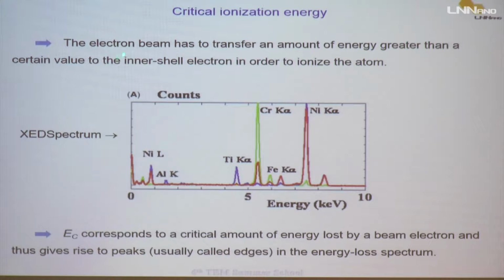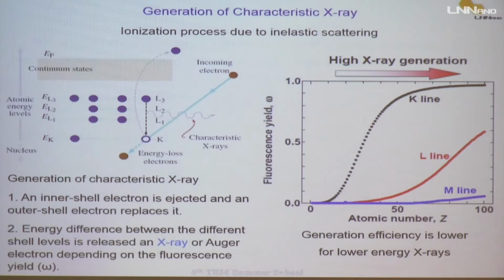The beam needs to transfer some energy greater than the value for some transition to ionize the electron in your material. This critical ionization energy is what we measure in the energy loss spectrum.